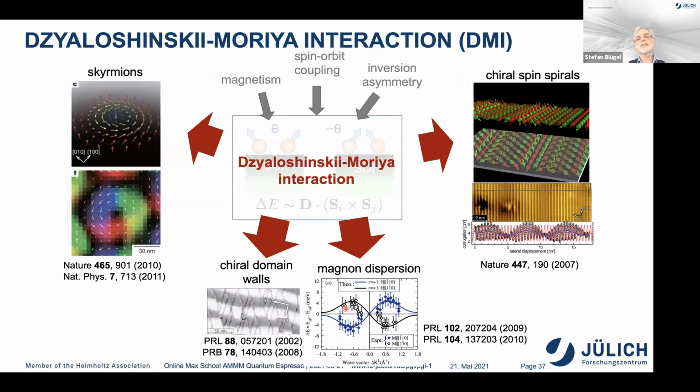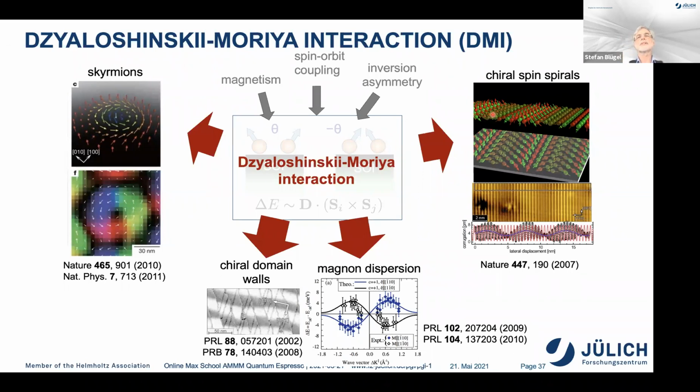And this Dzyaloshinskii-Moriya interaction is really the path to chiral magnetism, which you can see, for example, in that the magnetic ground state can become a spiral, because if the chiral interaction is strong enough, the ferromagnetic state is no longer stable, and you have a spiral which spirals only in one handedness.